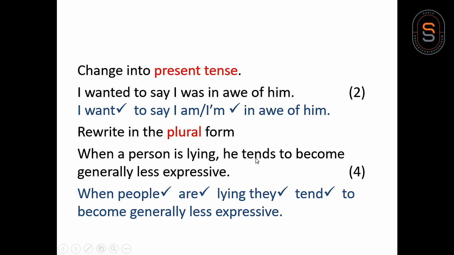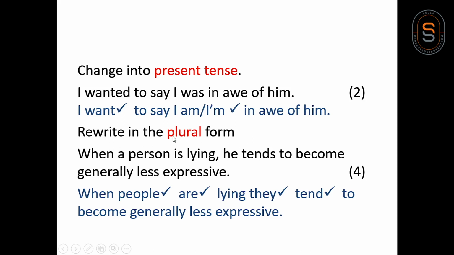And then we add an S to the verb when it's singular, but we take the S away when it's plural. So they tend to become generally less expressive. Let's look at this sentence again. When you see rewrite in the plural form, remember everything must be more than one.